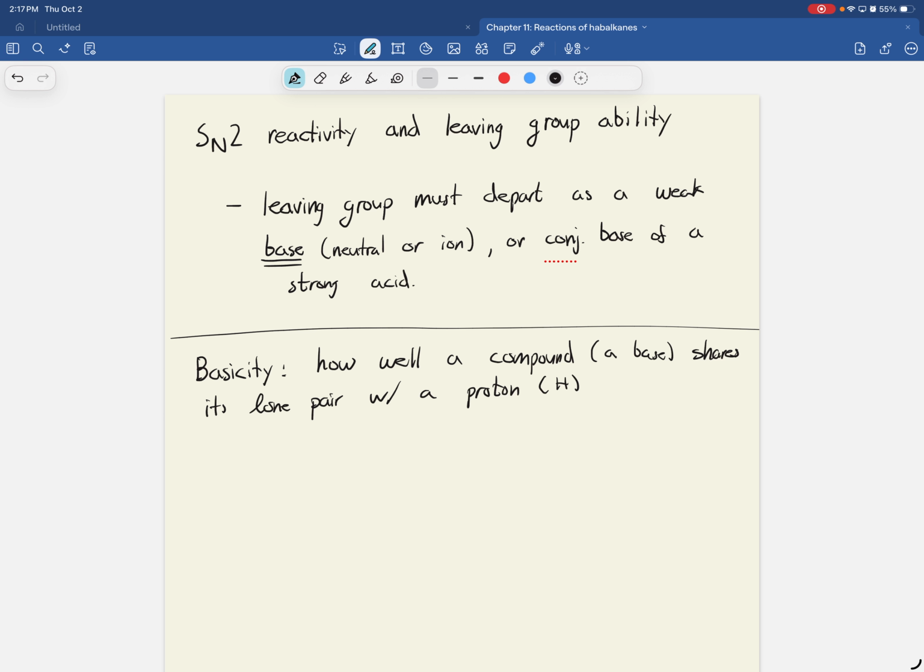So any H in the molecule. All right, so here, the stronger the base, the better it shares its electrons.